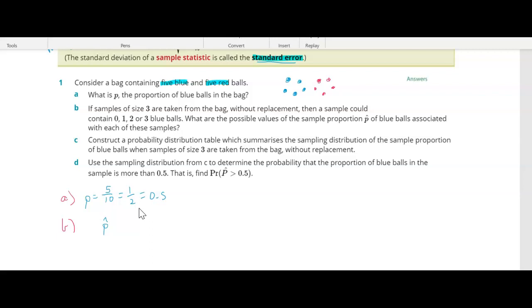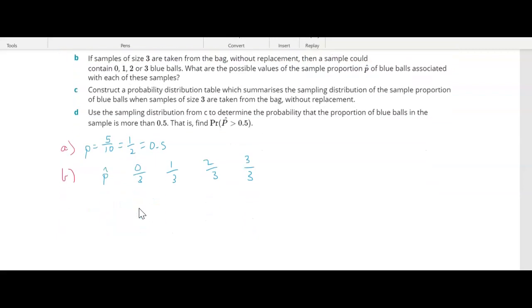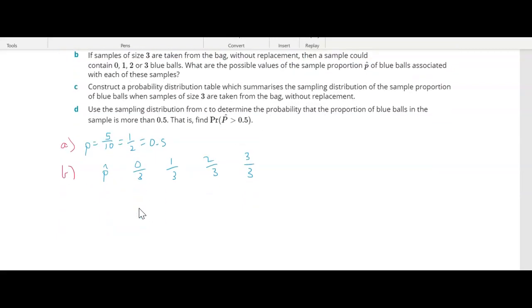So p hat can be 0 out of 3, 1 out of 3, 2 out of 3, or 3 out of 3. Okay, so our sample is 3, and we can have 0 blue balls, 1 blue ball, 2 blue balls, or 3 blue balls.